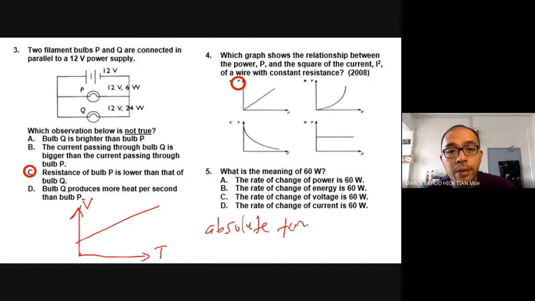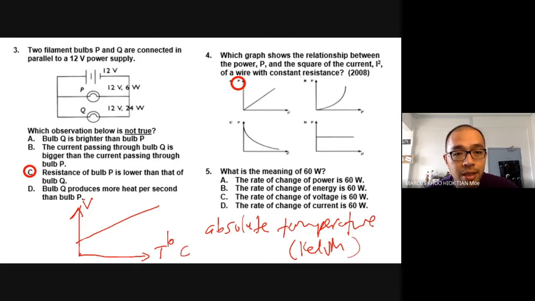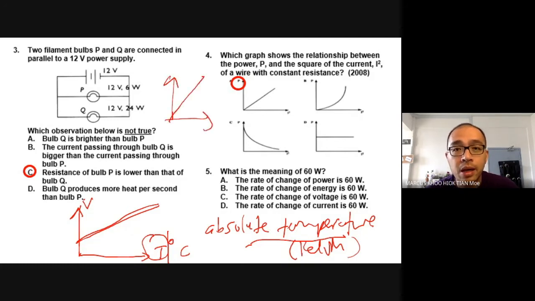Absolute temperature is temperature that is counted in Kelvin. If it is degrees Celsius, then it is increasing linearly. But if our temperature is in Kelvin, which is the absolute temperature, then you will get a directly proportional graph. So I think only one or two people got this question correct. It is designed purposely to trick you all.